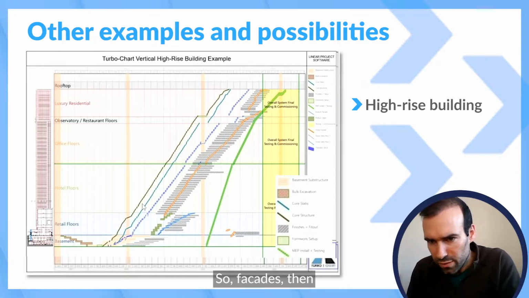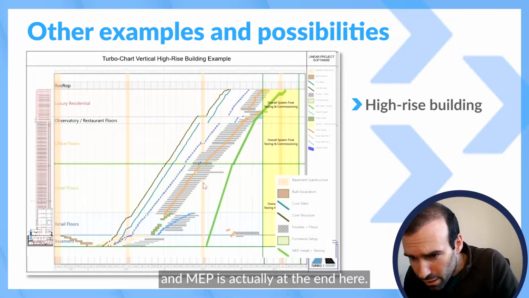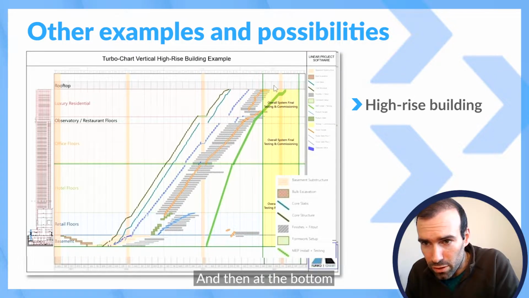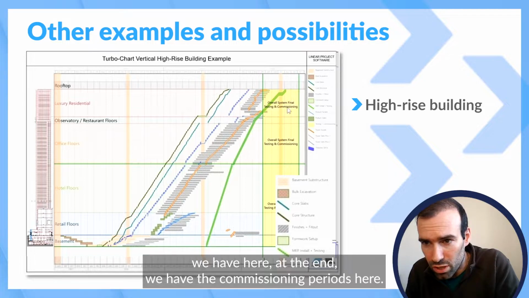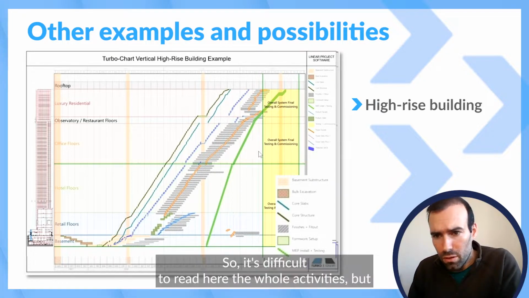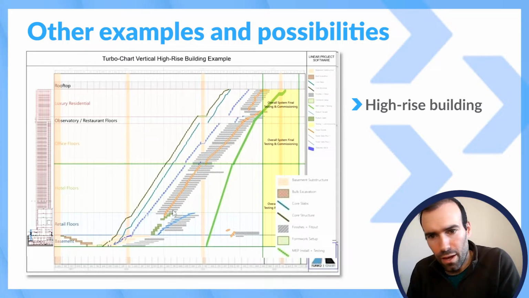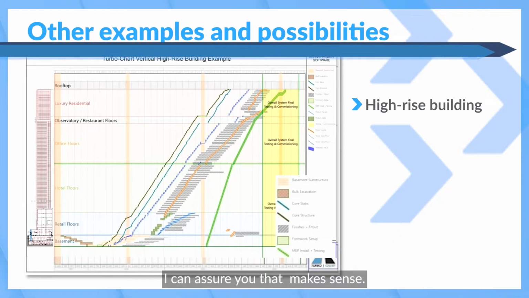So facade, then the core structure, MEP, and MEP is actually at the end here. And then at the bottom, at the end, we have the commissioning period here. So it's difficult to read here the whole activities, but I can assure you that makes sense.